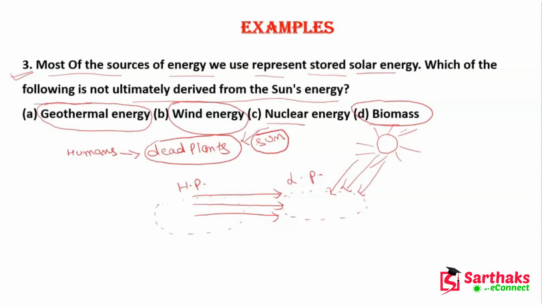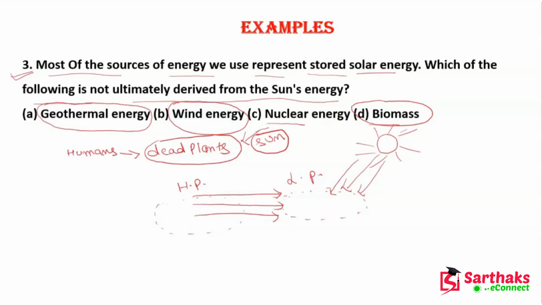That's why a low pressure area is formed at this region, and so the wind starts flowing from the high pressure to the low pressure area. I hope you were able to understand how wind energy is also dependent on the sun.